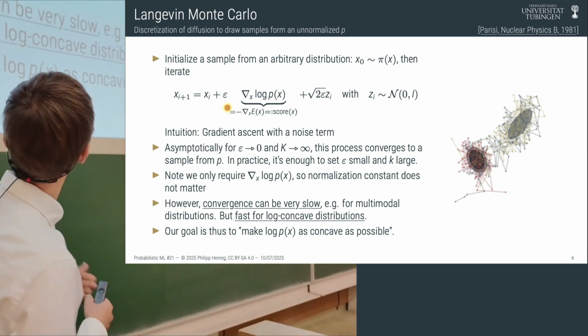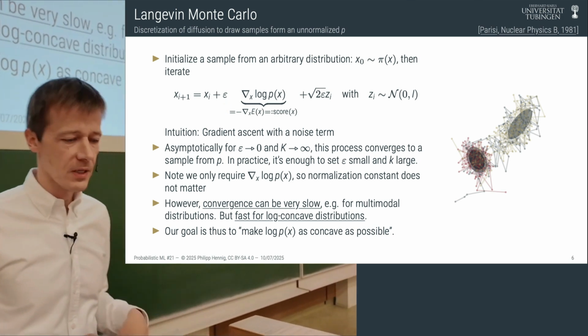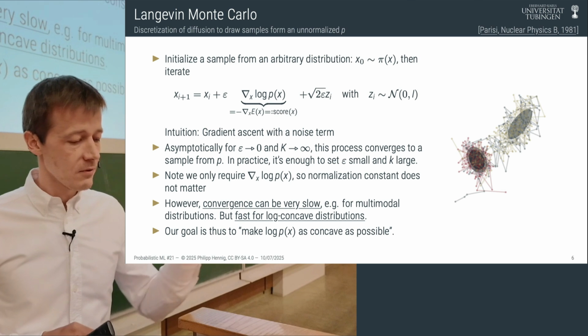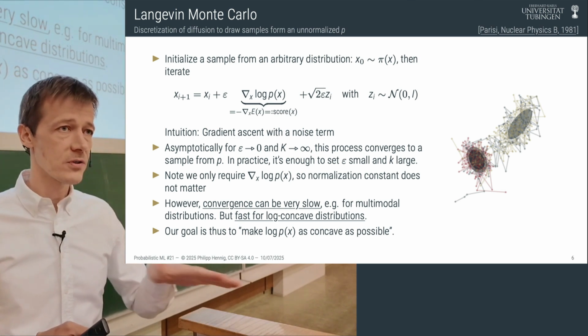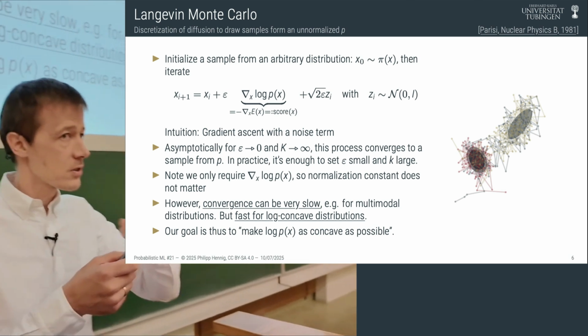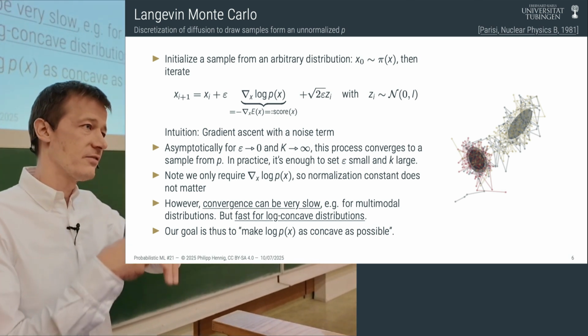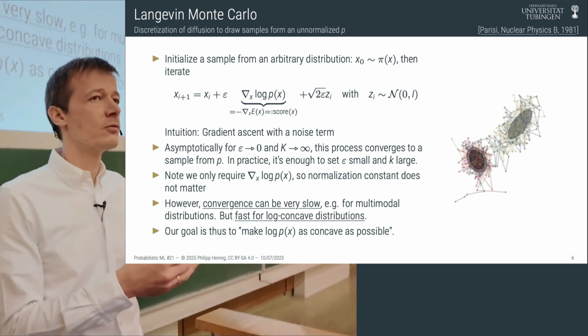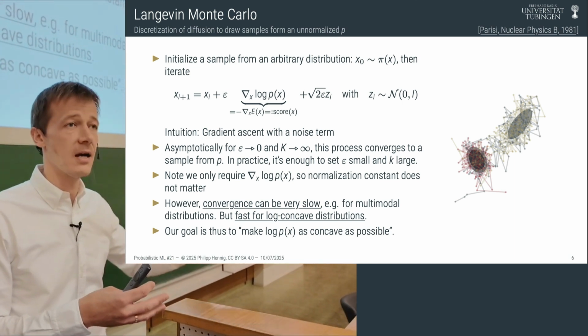So there is no proof on this slide for why this works, and I'll just omit it. But maybe here's an intuition for how this works. Remember Hamiltonian Monte Carlo? There we were also following the score. So the first thought you might have is, the score points in the direction of higher probability, right? So this algorithm is moving towards regions of higher probability.